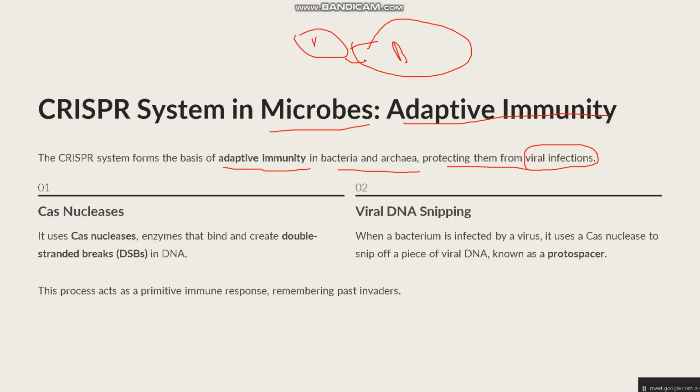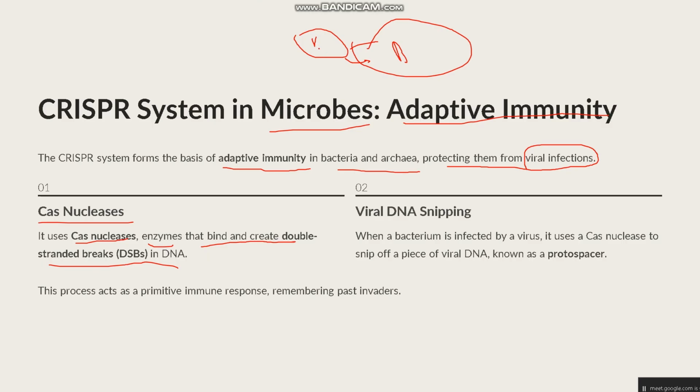When it attacks, they use adaptive immunity to protect themselves from that virus. They use the Cas nuclease enzyme that binds and creates double-stranded breaks in the DNA.